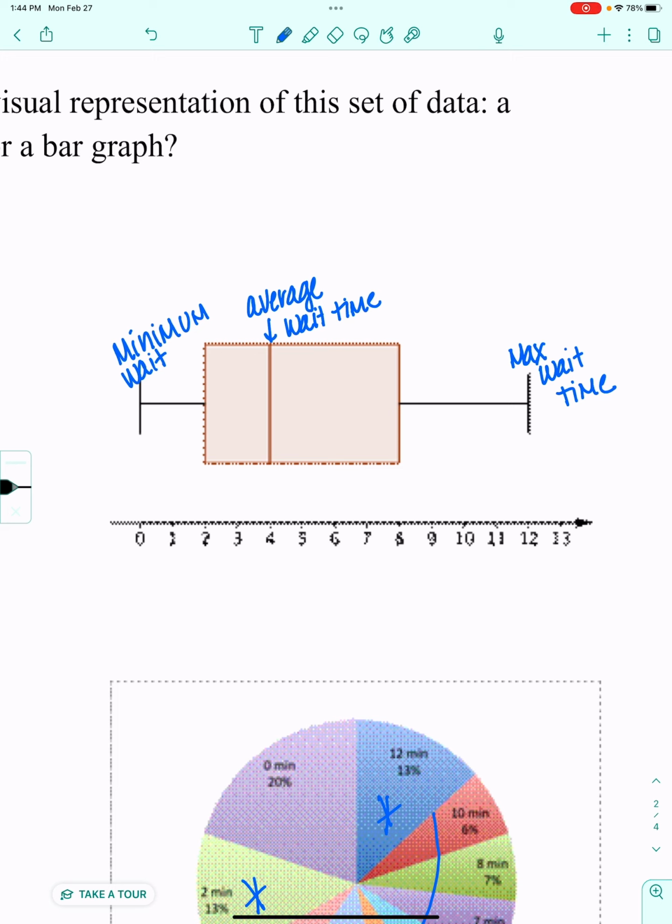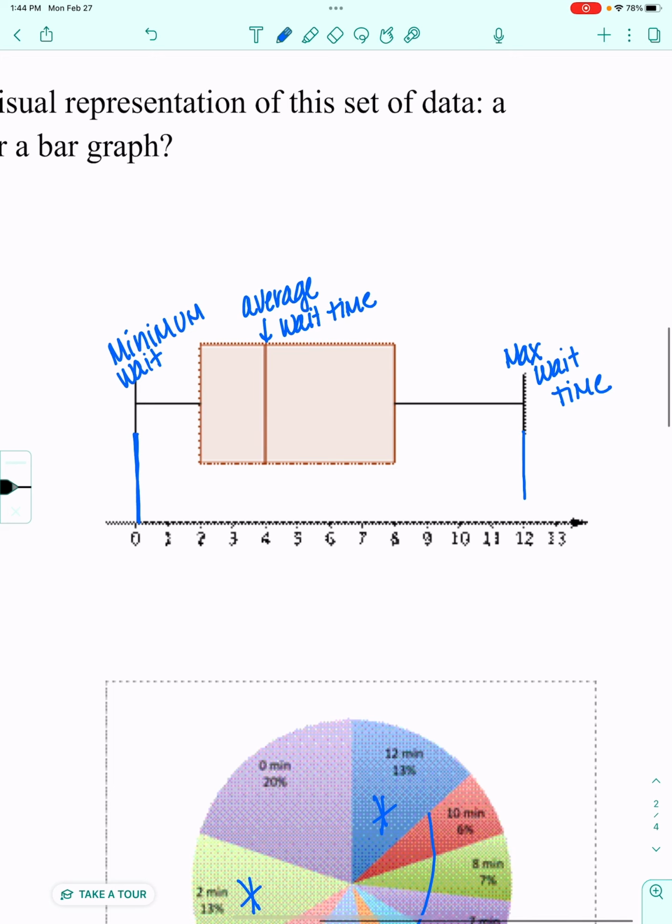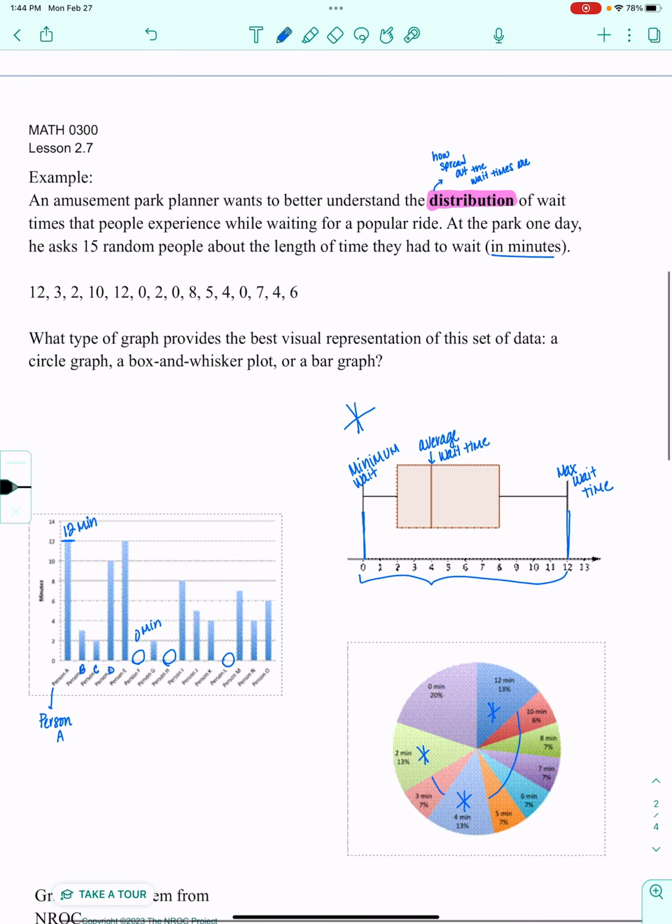If 0 is the minimum and 12 was the maximum, that also tells me over what numbers my data was spread out. So this looks like the box and whisker plot is the best representation since we're looking for the distribution of data.